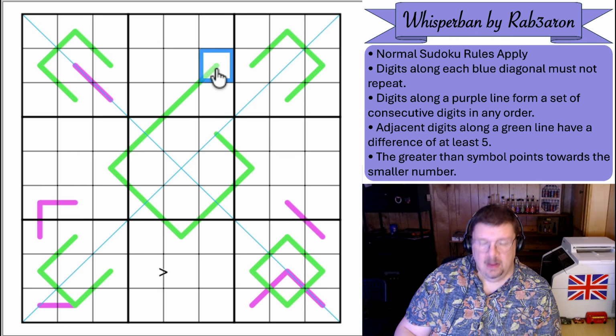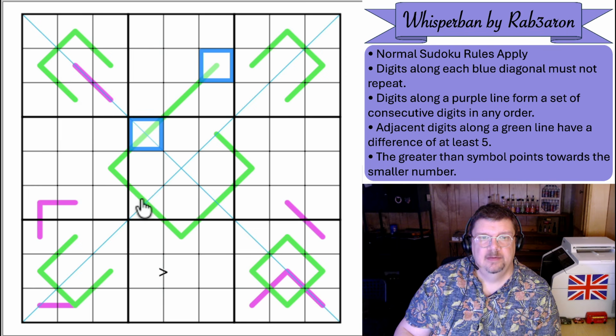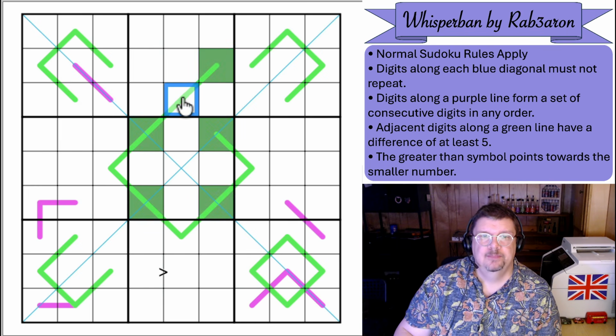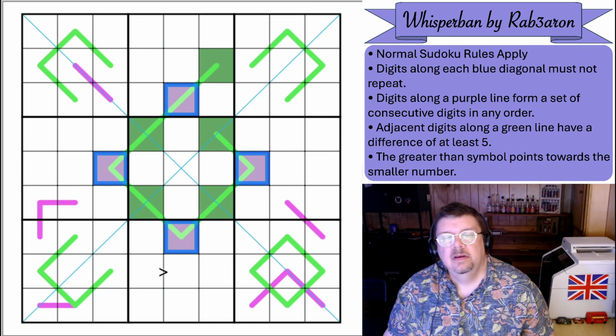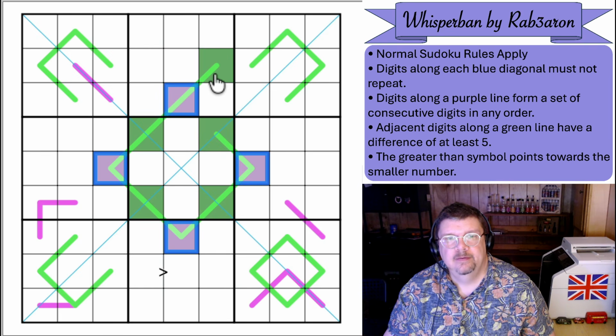So I am going to color this line. I'm going to color those digits green, and those digits purple. Now, I don't know whether green is going to be high or low just yet, but I do know that if green is high, then purple is low, and vice versa.